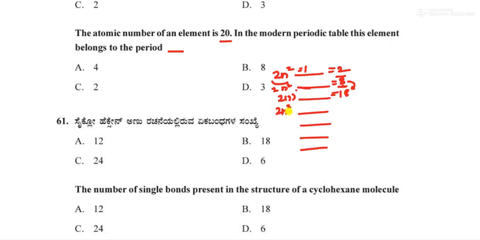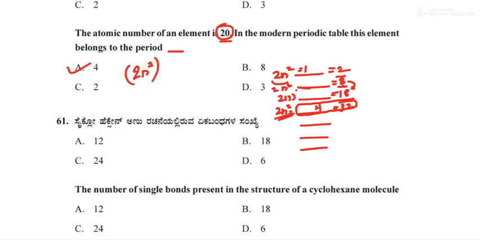Next, n is 4, so 2 into 16 is 32, meaning from 19 to 32 will stay in this row, and this is the fourth period. So our answer is option number A, because atomic number 20 will lie in the fourth period. Therefore this is the right answer. Remember this 2n square formula.